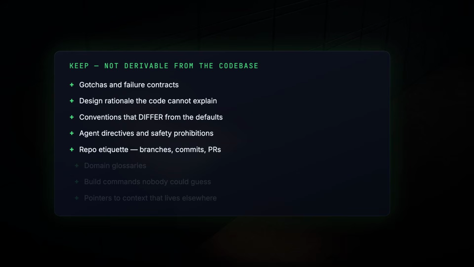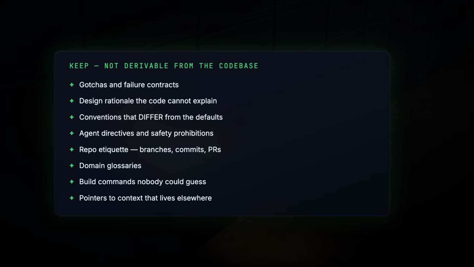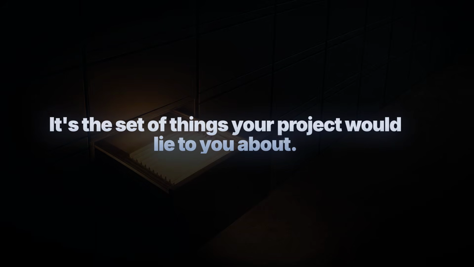Keep repo etiquette, branch naming, commit style. Keep domain glossaries. Keep the build commands that nobody could guess. And keep pointers to context that lives somewhere else. Look at those two lists next to each other, and you can see the shape of the new file. It isn't a description of your project. It's the set of things your project would lie to you about.